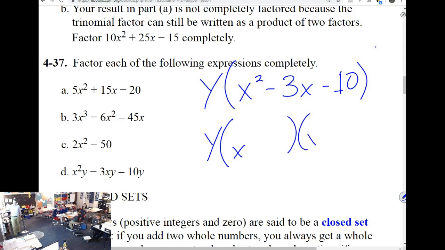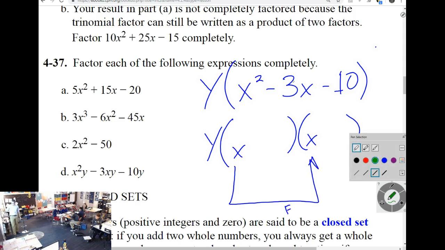So, the x squared makes my life easy because I know I'll just have x and x. But if you need the reminder, what we're doing here is working backwards of FOIL. We're thinking through that the first has to multiply by the first. Chris, I'm doing a little bit of reteaching to help you out. The first also multiplies by the second over here, which is why we say outside.